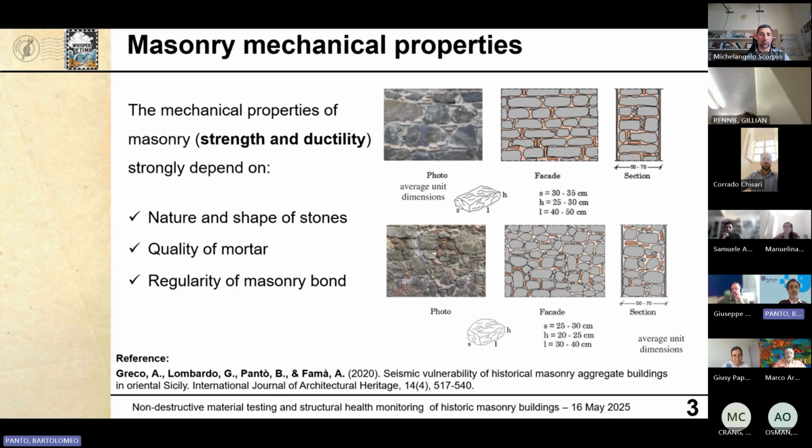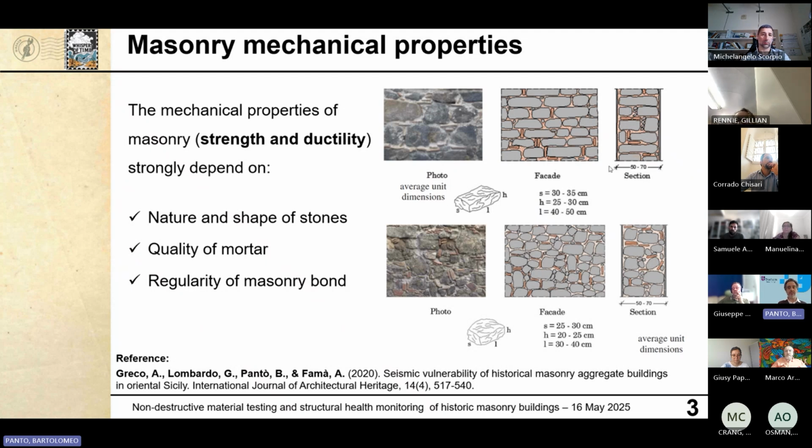The other component is the mortar, the material used to connect the stones together. The strength, the maximum force that this material can sustain, and the ductility, meaning the capacity of displacement or deformation the structure can have without failing, are two very important characteristics for our structural assessment. They strongly depend on these two components, and also on how they are assembled together.